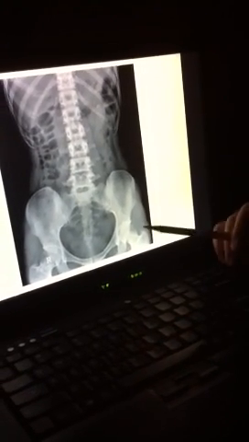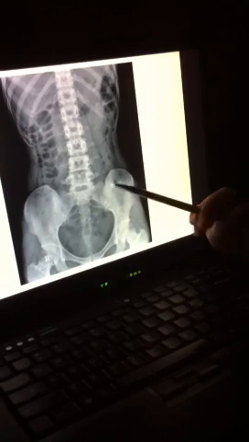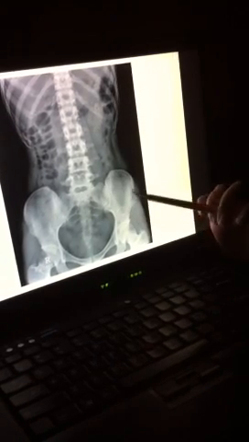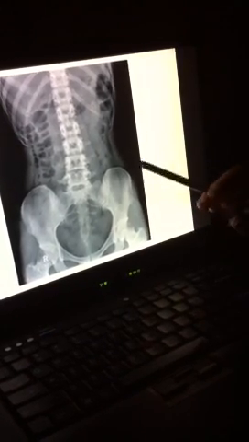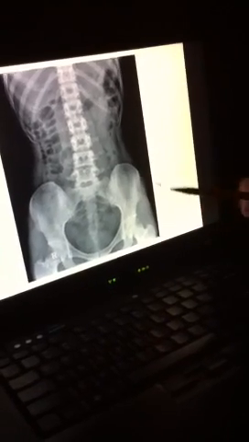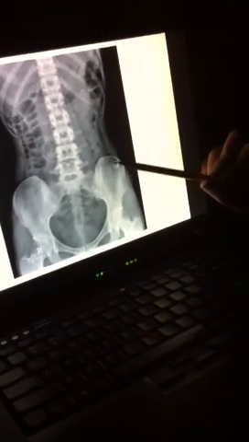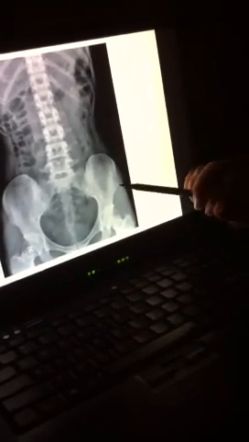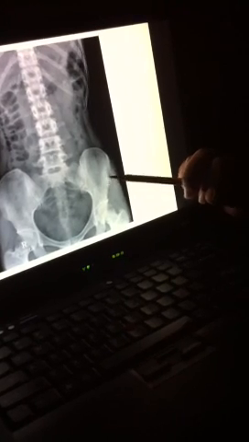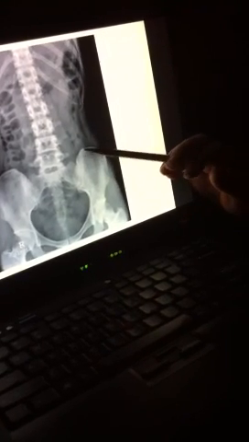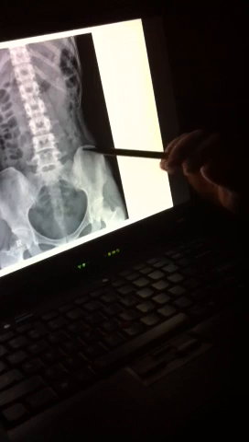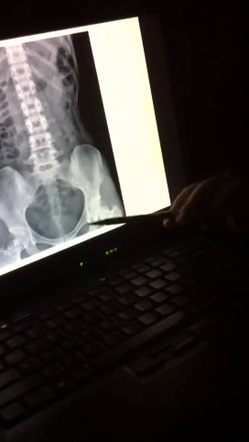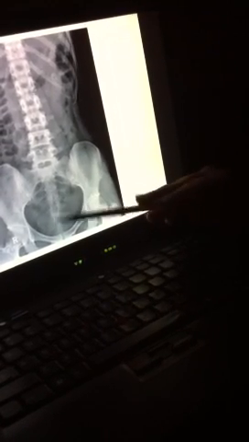This right here is the iliac wing. Sorry, iliac wing. And what's this right here? ASIS. And this right here? Yep, the PSIS. I already said sacrum, coccyx.